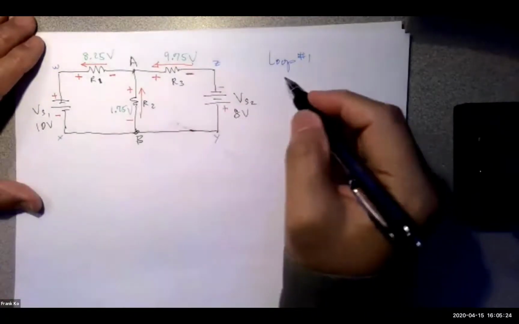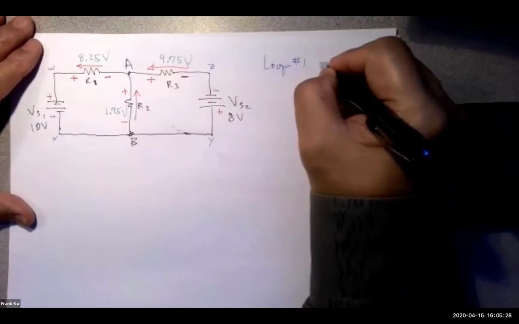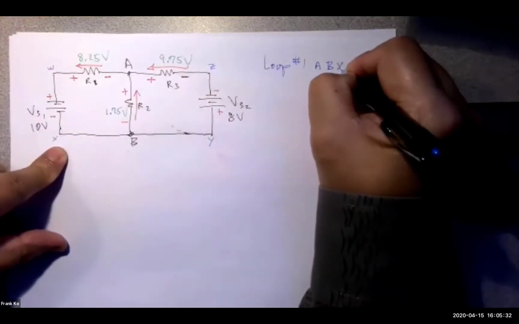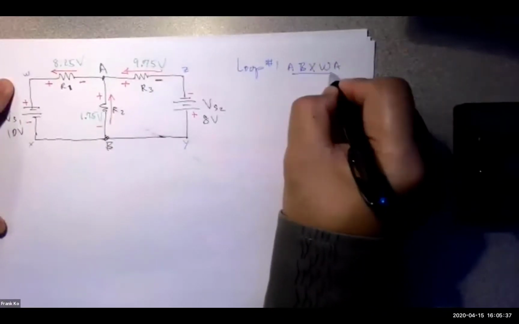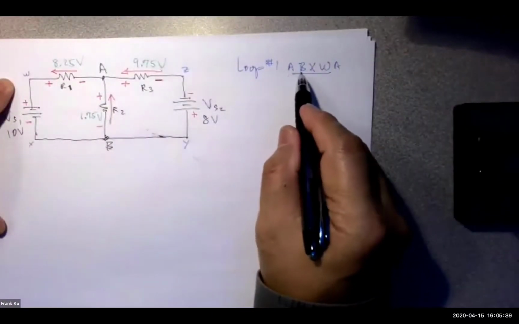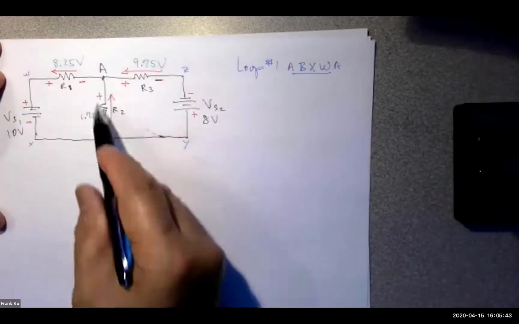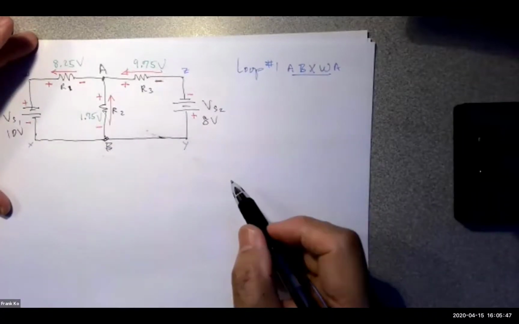So my first loop, let's say I'm going to go from A to B to X to W back to A. The direction will be A, B, X, W, A. So I'm going in a clockwise direction this time. Doesn't matter which direction you go, but algebraically it should work out.